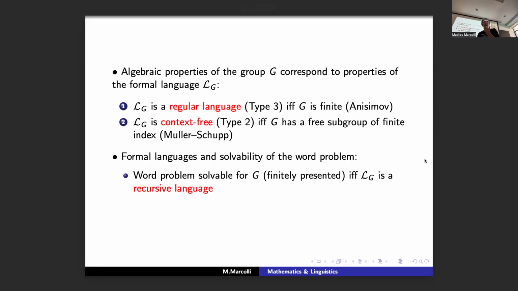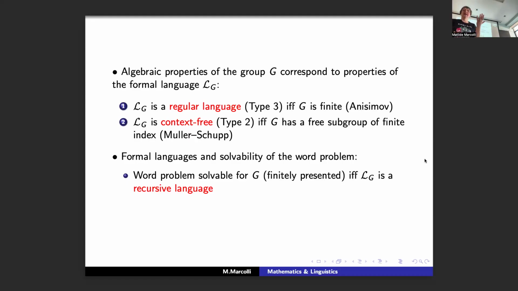One result is that this group language that we've defined, which corresponds to the word problem for G, is a regular language if and only if the group is finite. So that's a very restrictive class indeed. The languages that can be computed by finite state automata can only be finite groups.